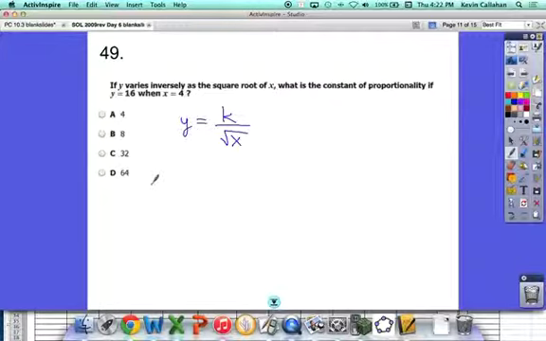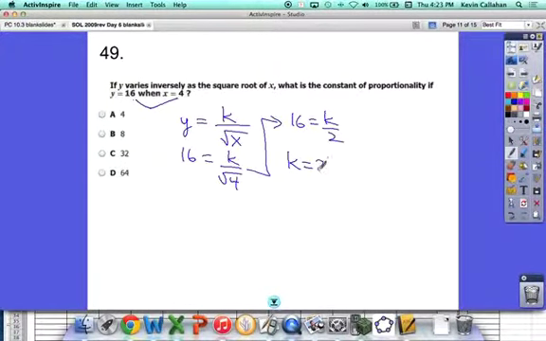Again, second part would be they've got to give you a data point so you can solve for k. And here's the data point, right? Y is 16 when x is 4. 16 equals k divided by the square root of 4. 16 equals k divided by 2. K equals 2 times 16, which is 32.